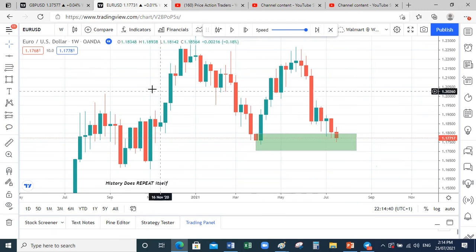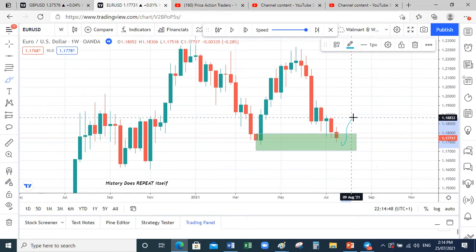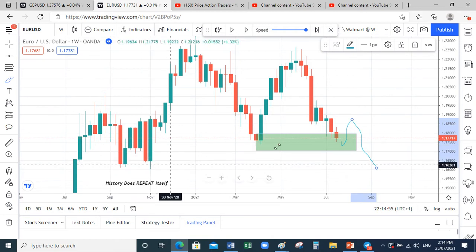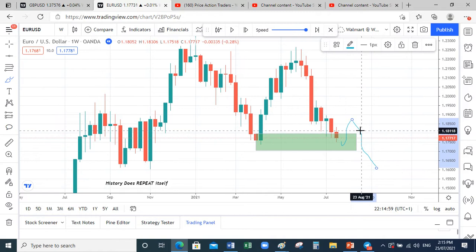Then maybe later it may come down before it goes up like this, then have another move, because it's coming down to test all this area.